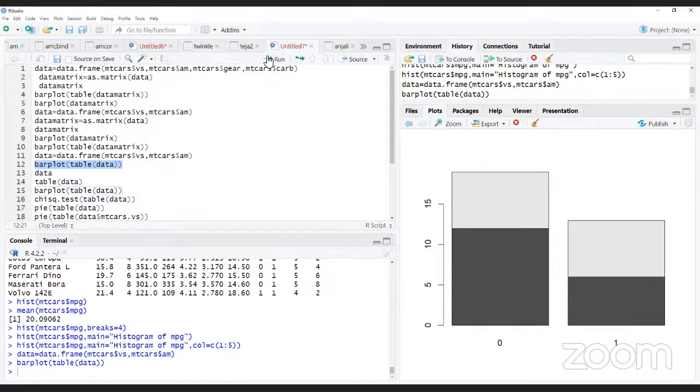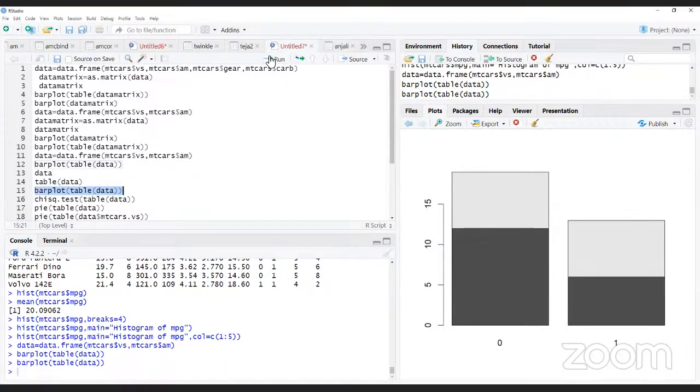So in order to find the frequency distribution for VS and AM, Farah, you go to line number 50. You just remove barplot. There is one table data. Okay, you go to line number 14.